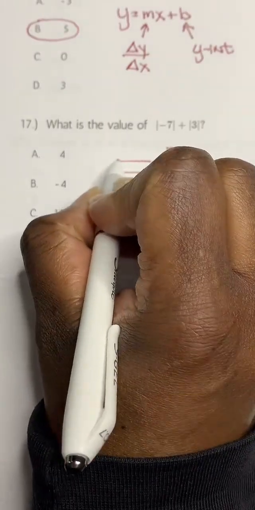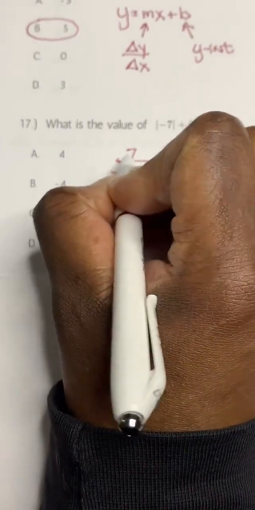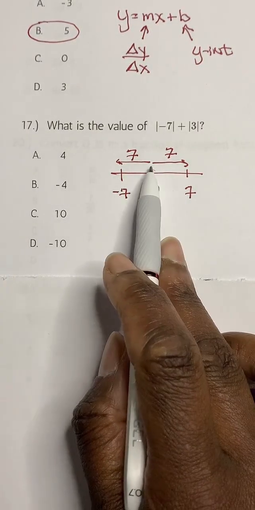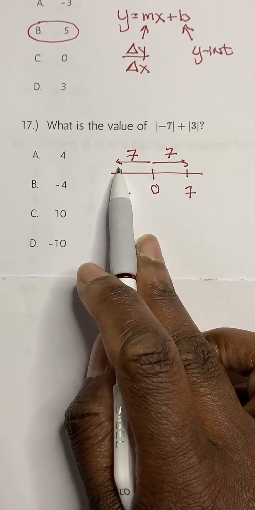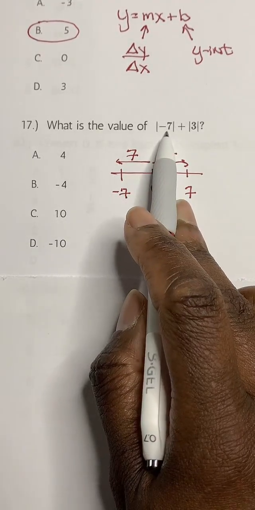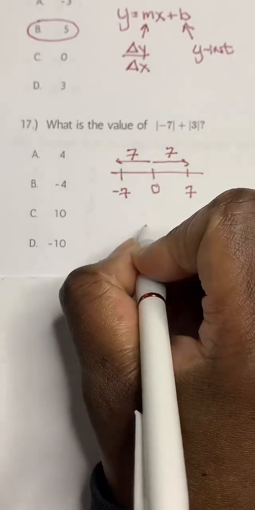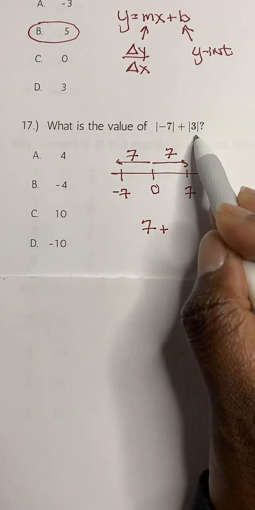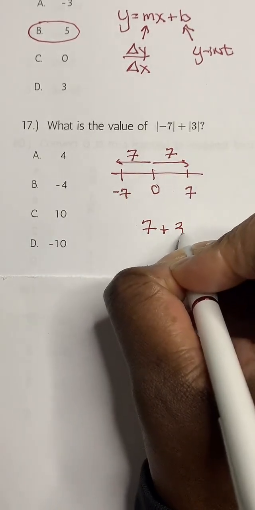And from 0 to -7, that's also 7 units. It's going in the opposite direction, but it's still 7 paces. So that's why the absolute value of a negative number always turns out positive, and the absolute value of a positive number stays positive.